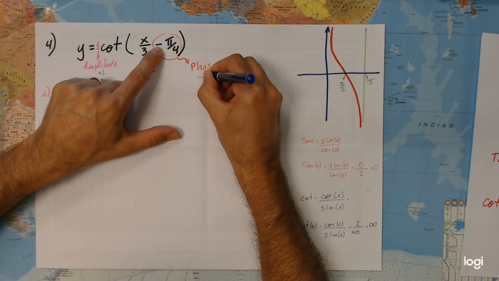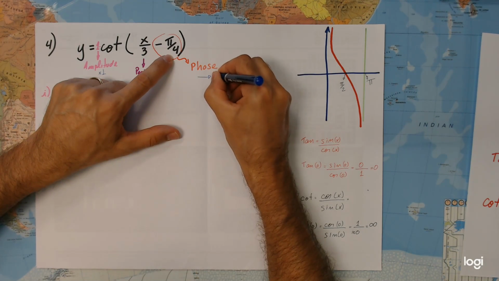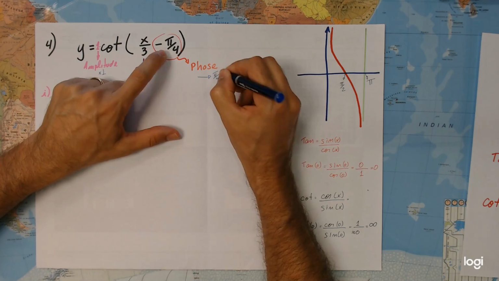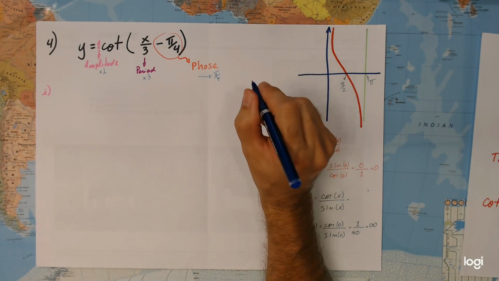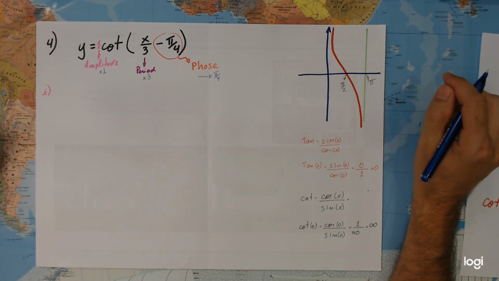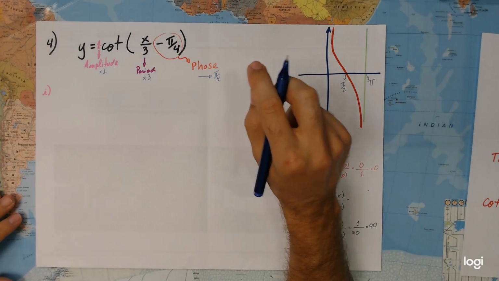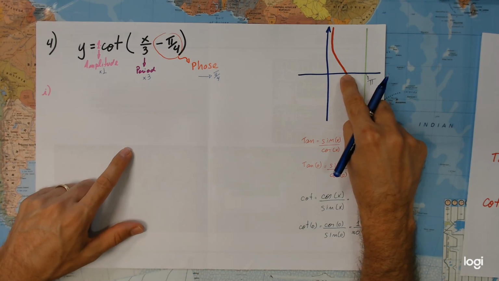We are going to the right, because it's the opposite. Right, pi over 4. If you remember, pi over 4 is 45 degrees. Then we are going to move this one 45 degrees to the right.